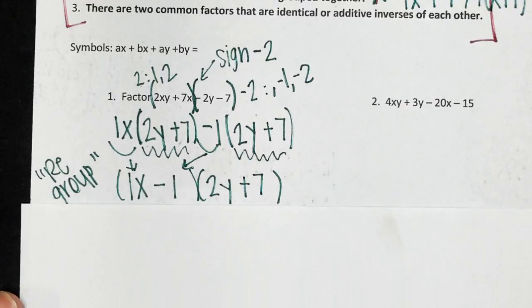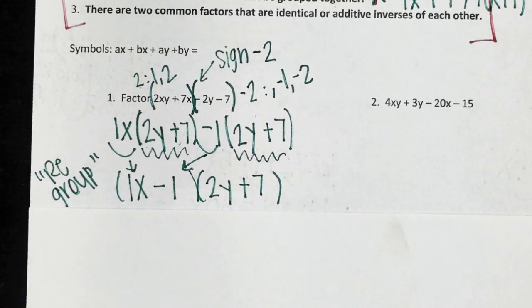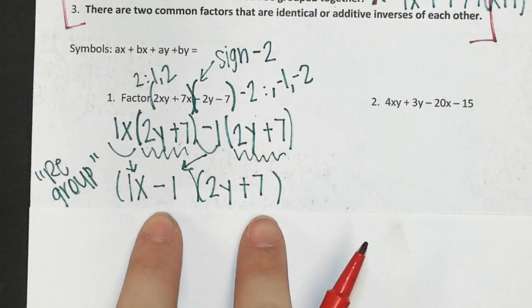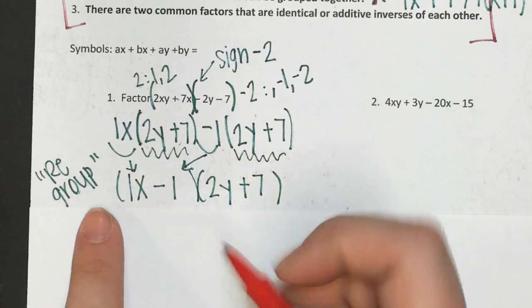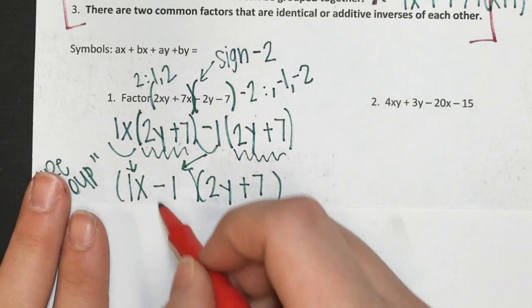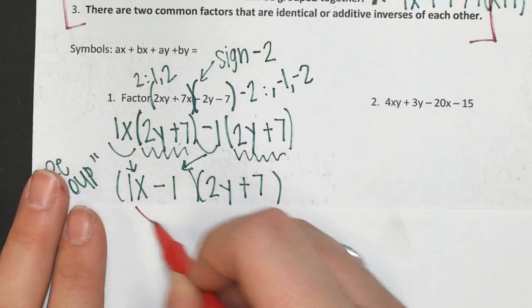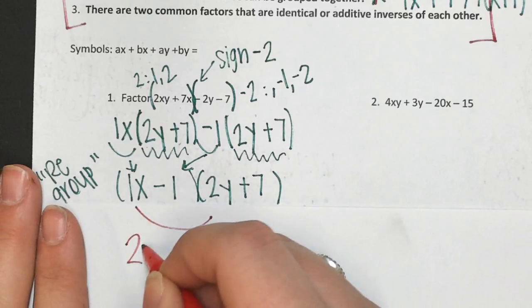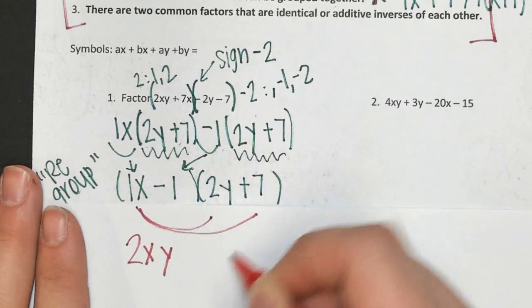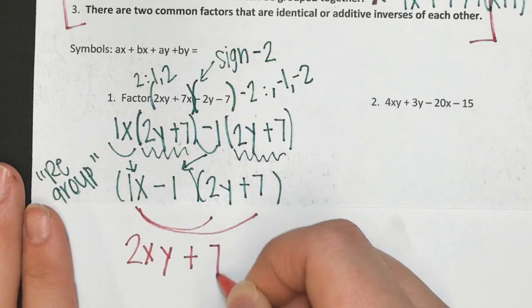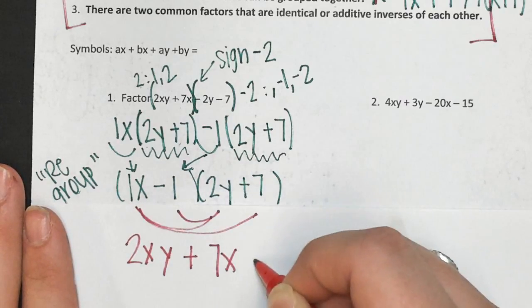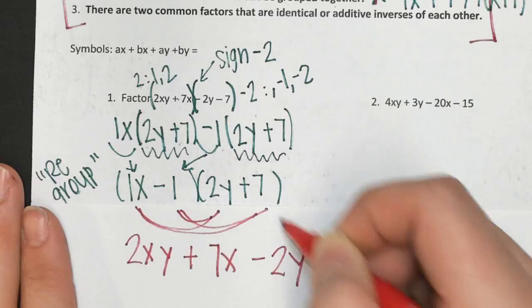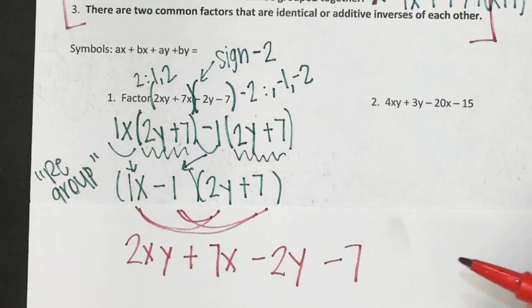If you want to check yourself, this is how you do it. You have 2 binomials, which means we have to multiply by distribution or FOILing. So let's just check ourselves. 1x times 2 is 2xy plus 7x, because first times first, outer times outer, inner, which is negative 2y, and last, which is negative 7.